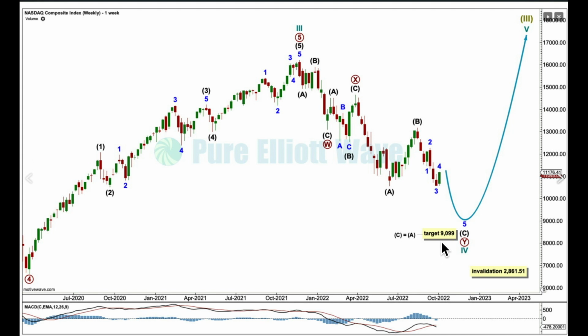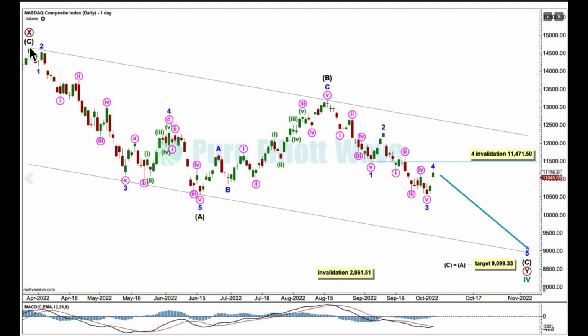Let's take a look at this at the daily chart level. We're going to look at all of primary Y, the end of X and the start of Y, subdividing as a zigzag, A, B, C, to subdivide 5, 3, 5.